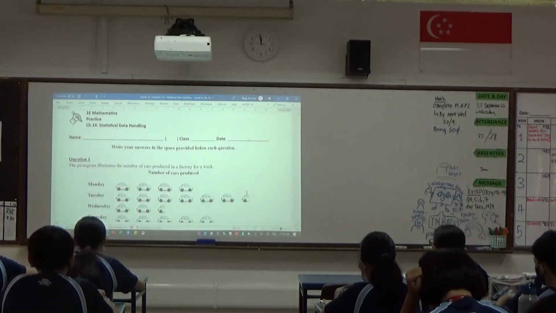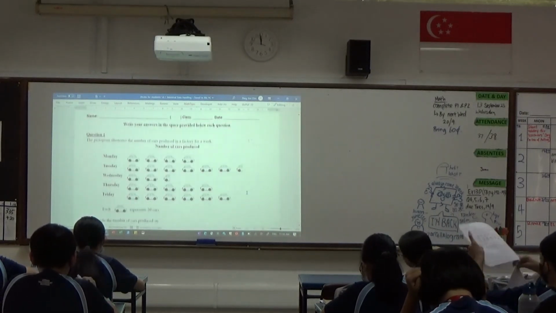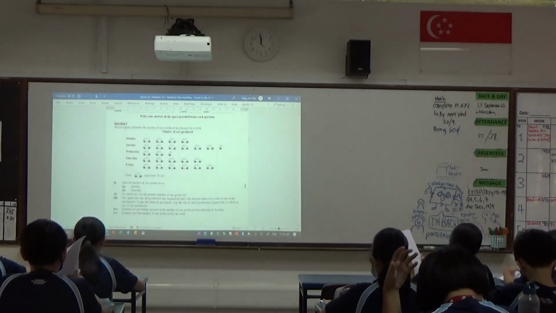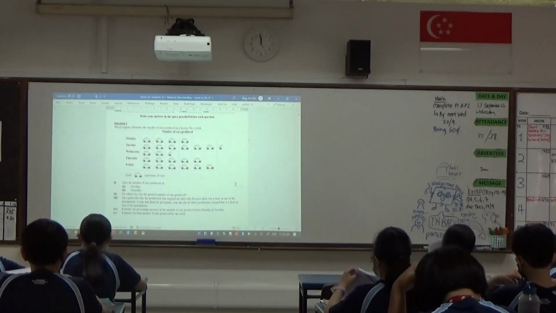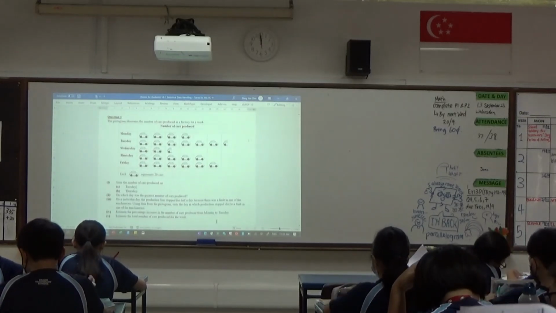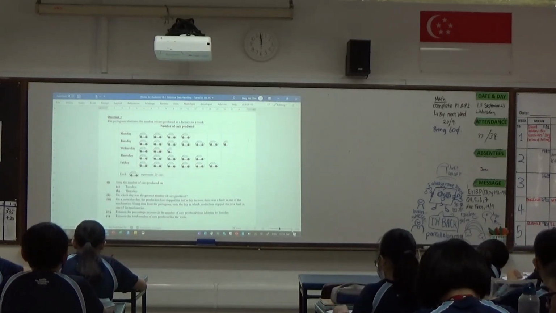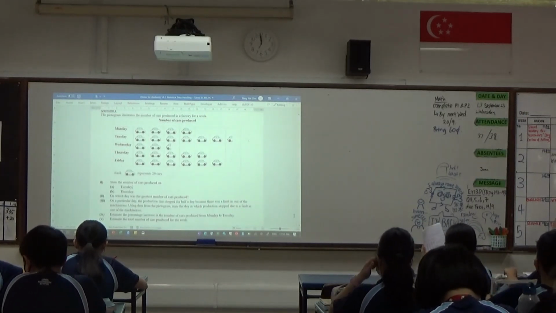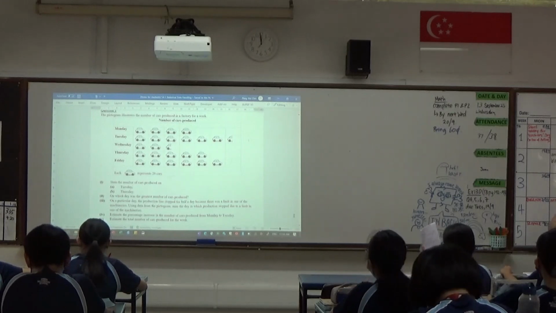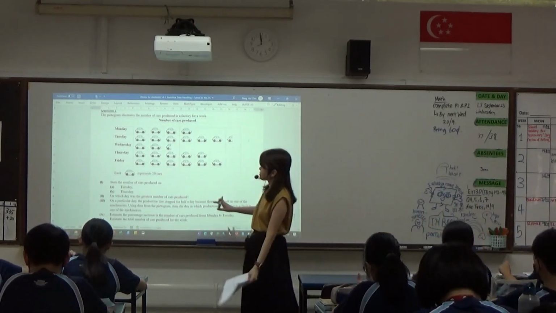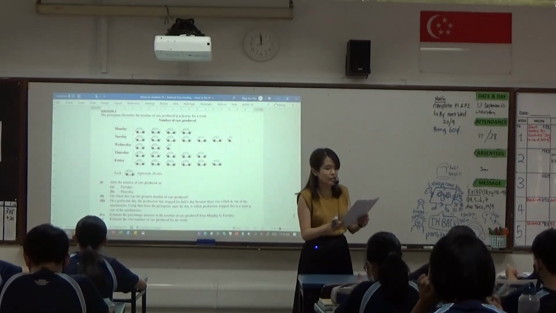Let's run through our answers for the questions over here. I'm not going to mark the piece of work, so please mark your own work. For question 1, this is a pictogram question.